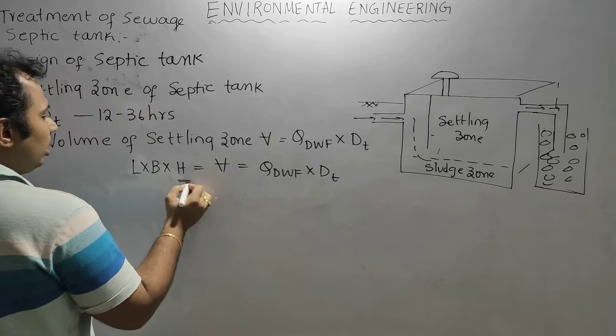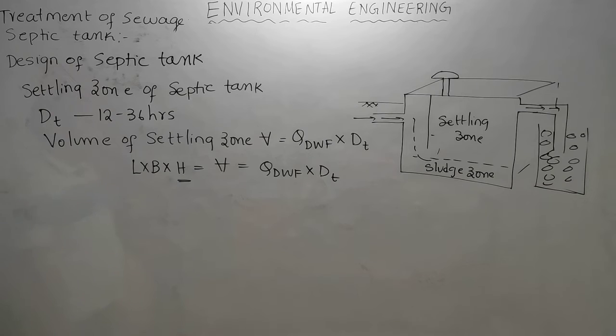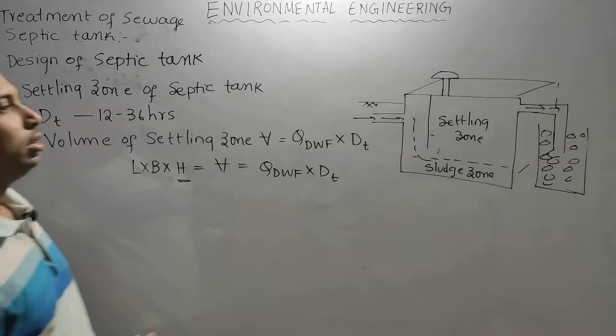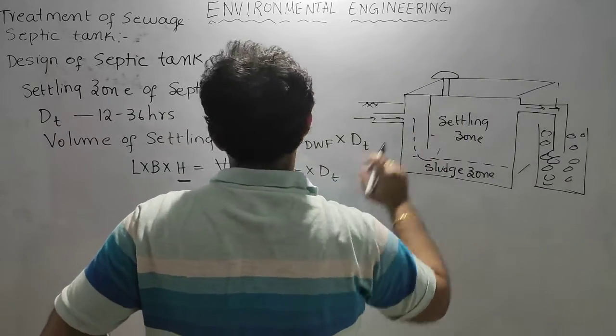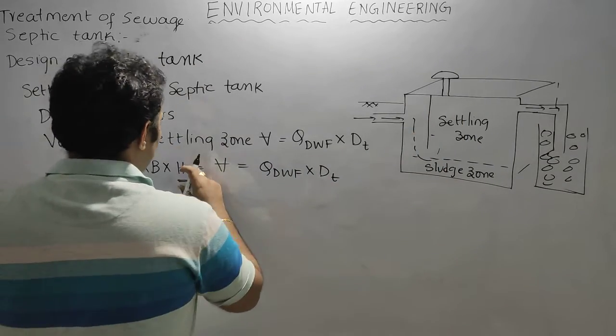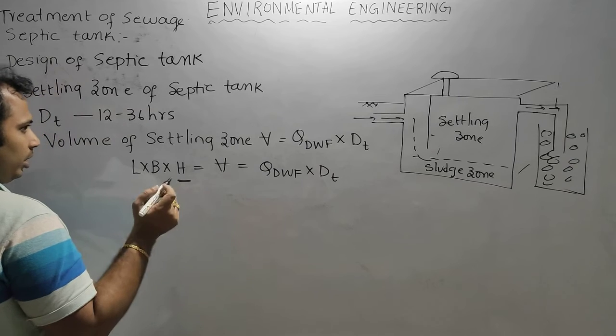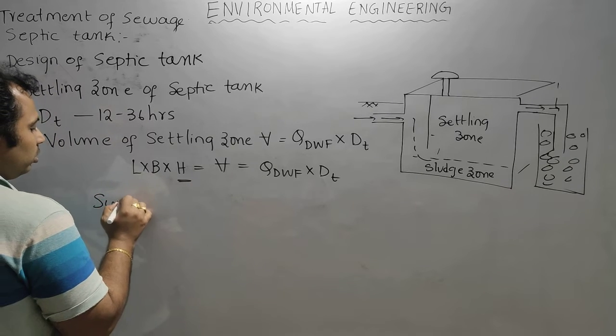If you assume the height of the settling zone, that is the liquid depth, the depth of liquid you are designing, then you will get the surface area of the settling zone.